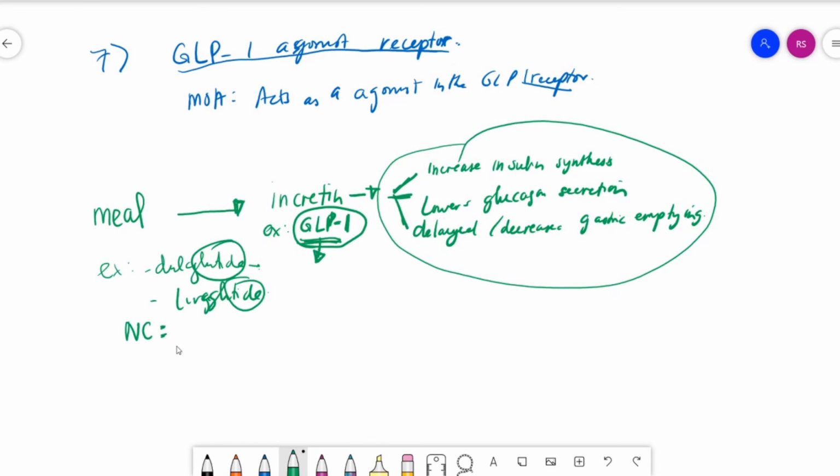If you have a personal or family history of medullary thyroid cancer, or if you have a history of multiple endocrine neoplasia syndrome, or MEN2 syndrome, this drug is contraindicated in these patients.